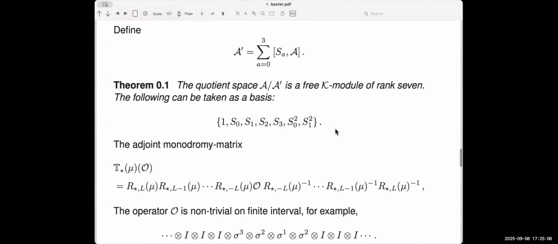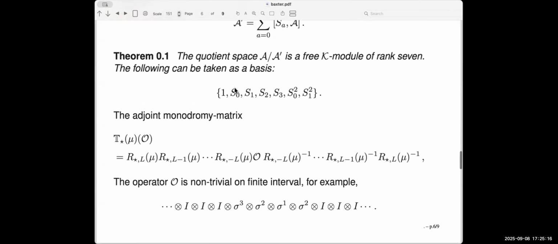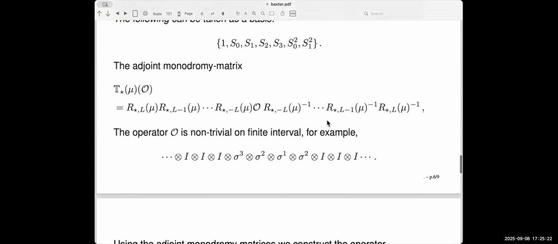So the coefficients will be given by this K0 and K2. And so, in fact, we have to compute traces only for these 7 elements to know all the traces in principle.